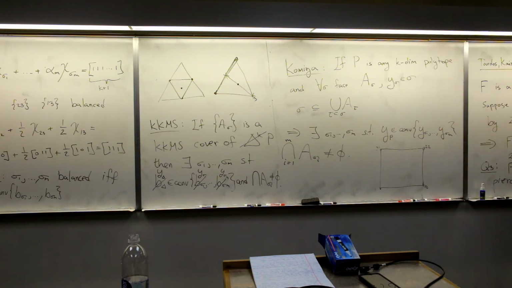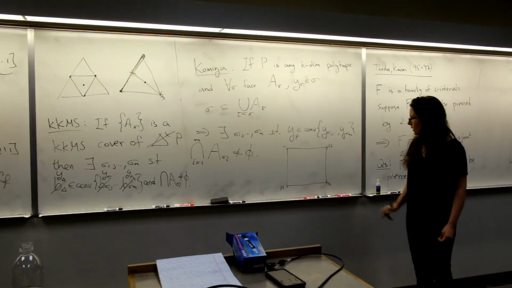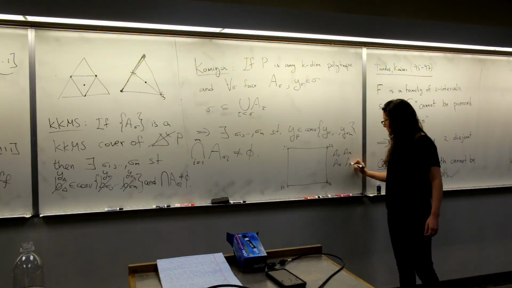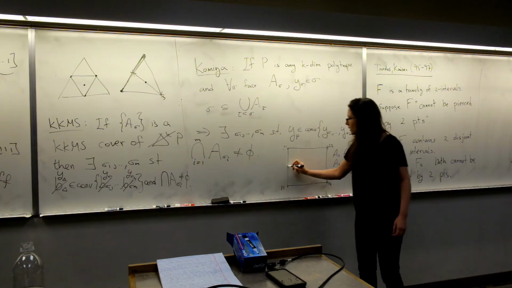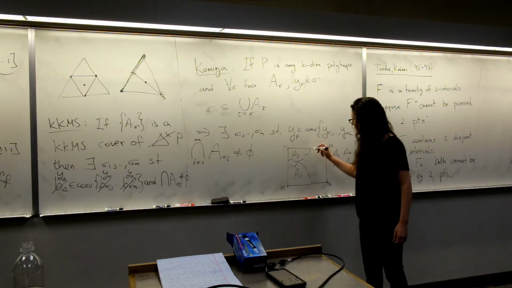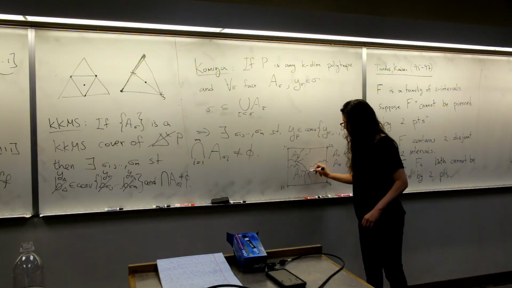And suppose that we have a Kamiyama cover of this square with 4 sets, A11, A12, A21, and A22. And the fact that it is a Kamiyama cover implies that this cover must look like that. So this would be A21, and this is A11, and we have also A12, and it is a cover.